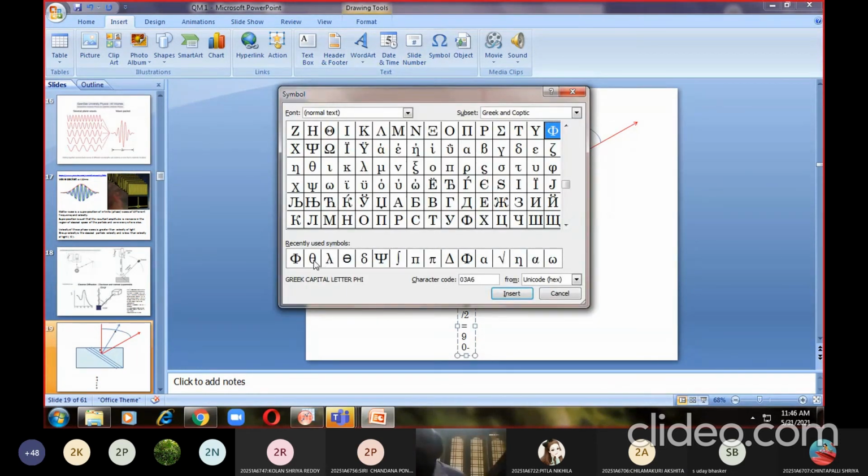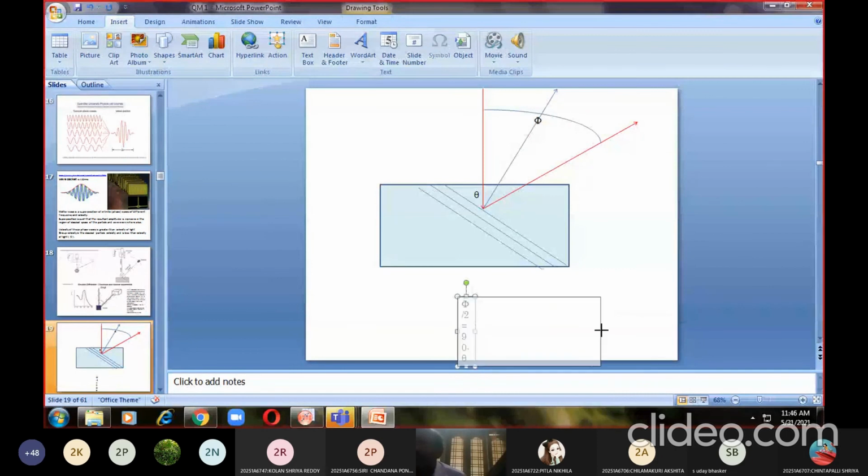So what will be the value of theta? That will be 90 minus phi by 2, which is equivalent to theta. Can we say that?